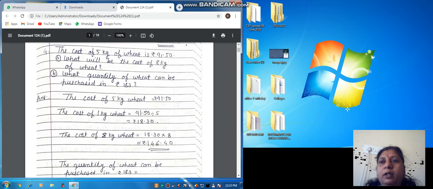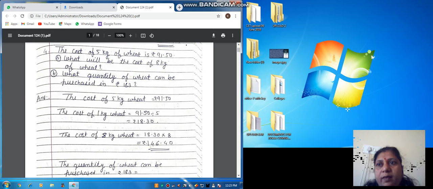The cost of 5 kg wheat is rupees 91.50. So the cost of 1 kg wheat is equal to 91.50 divided by 5. So the cost will be 18.30 rupees. You have to divide it and check the answer. Now we get the cost of 1 kg wheat. We calculated it by the unitary method.